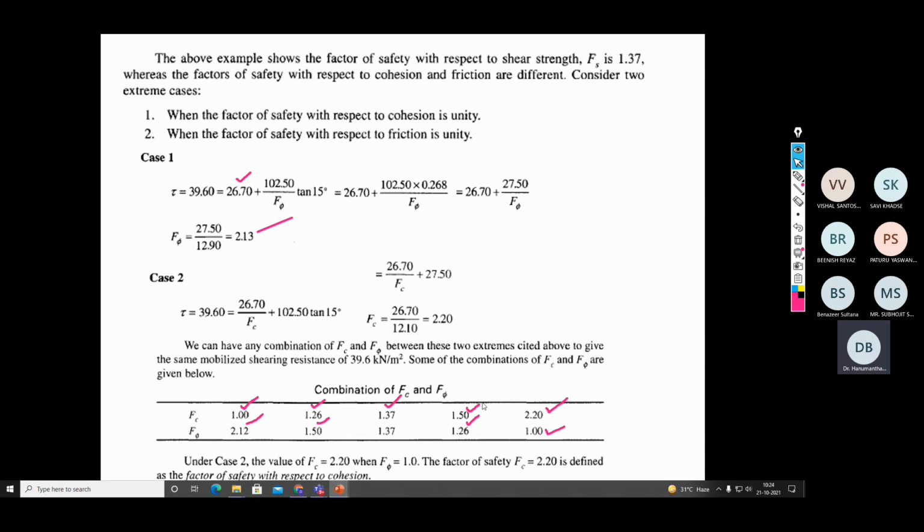We will not design or something. We want to analyze which condition is making the slope vulnerable for the failure. That's what we need to understand. So when you vary all these parameters, corresponding to which combination the factor of safety is least, that point you need to highlight.